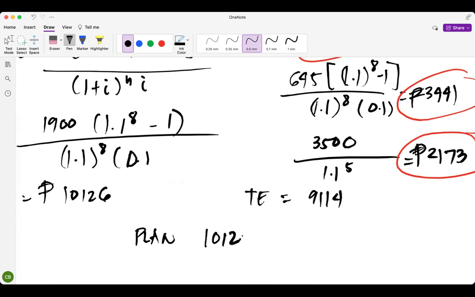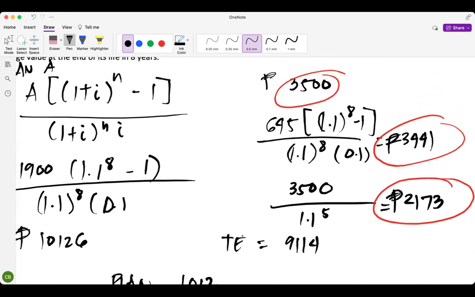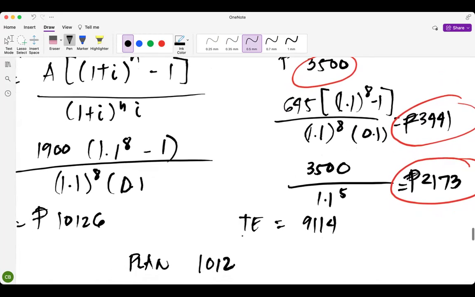Then you just recompute. 3,500 plus 3,441 plus 2,173 minus 10,136.